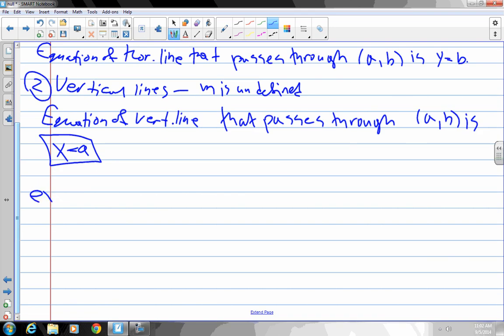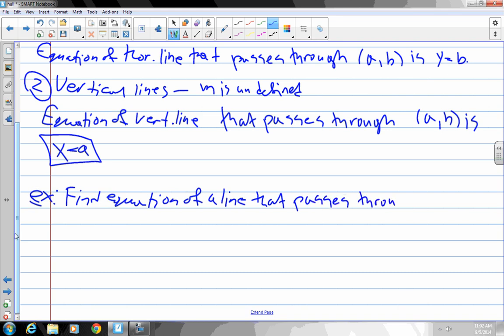Example, find the equation of a line that passes through (2, 7) and perpendicular to the x-axis.